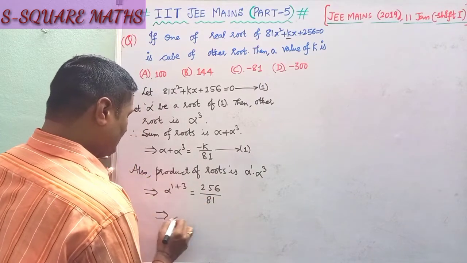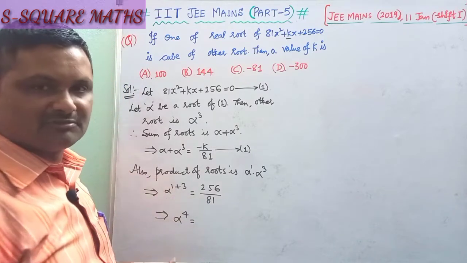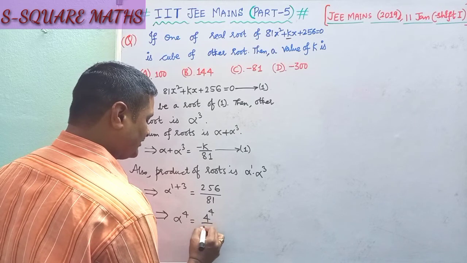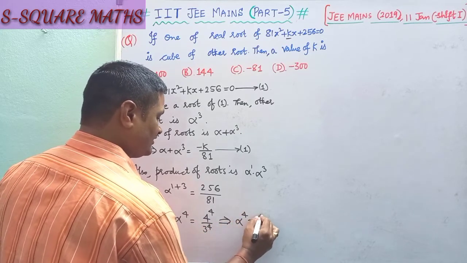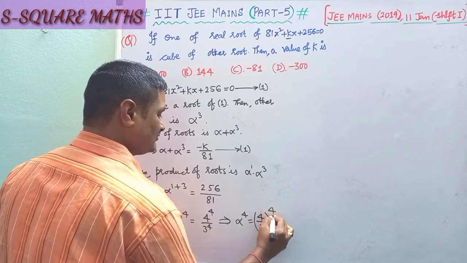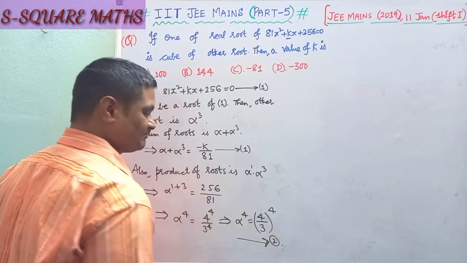From this, alpha power 4 is 256 by 81. I can write it as 4 power 4 by 3 power 4, so alpha power 4 is 4 by 3 whole power 4. Mark this as equation number 2.